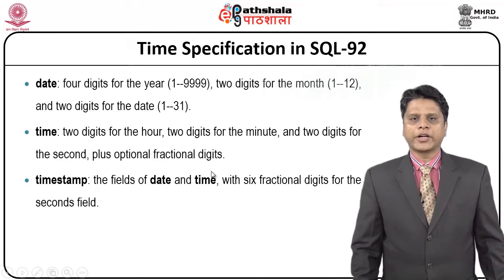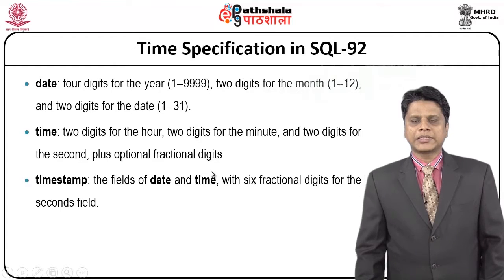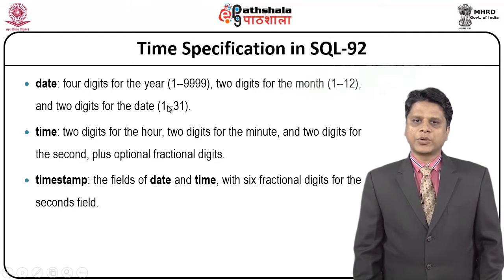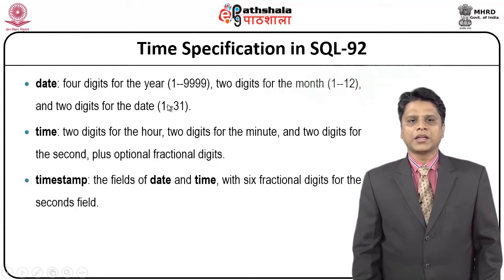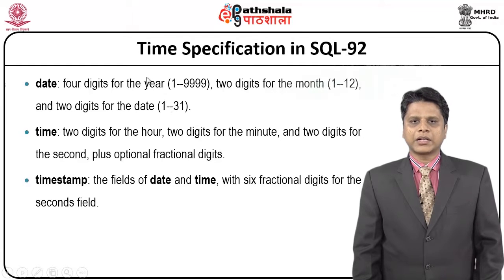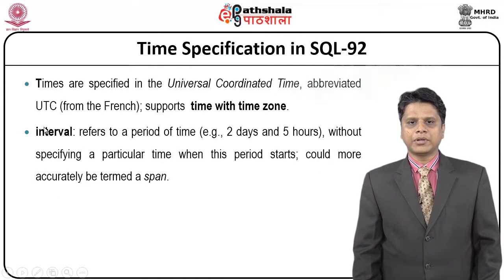As I have already pointed out, time is a major component starting from SQL version 92. Here the major time specifications that we consider are date, time, timestamp, time with time zone and interval.